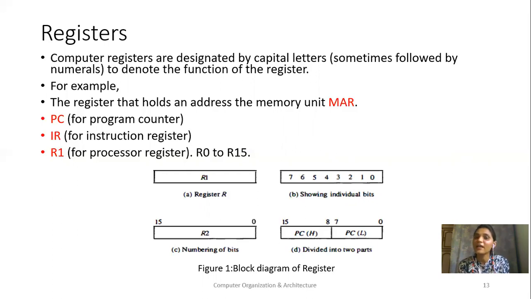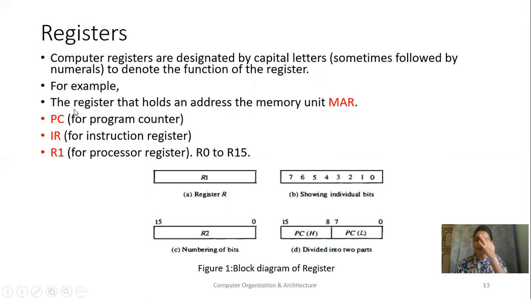For example, MAR is the memory address register, which holds the address of memory. PC is your program counter. IR is your instruction register. These are different registers that contain binary information for a specific reason. The memory address register will contain an address, the program counter will hold the program sequence, the instruction register will hold an instruction, and R1 will hold data.